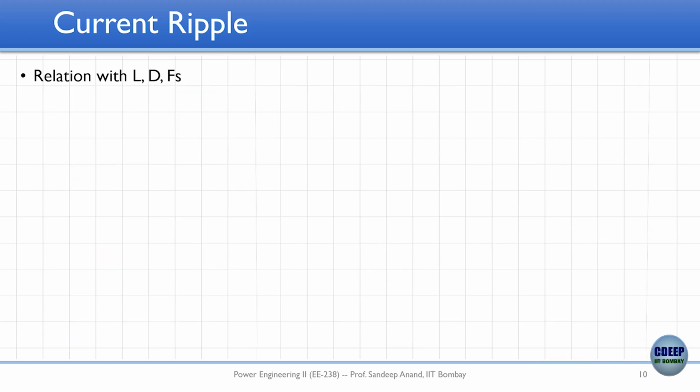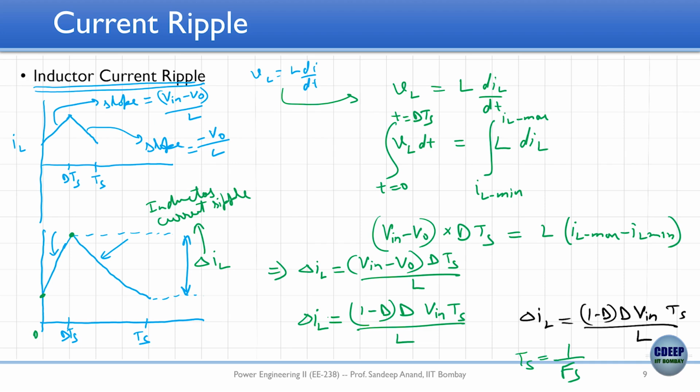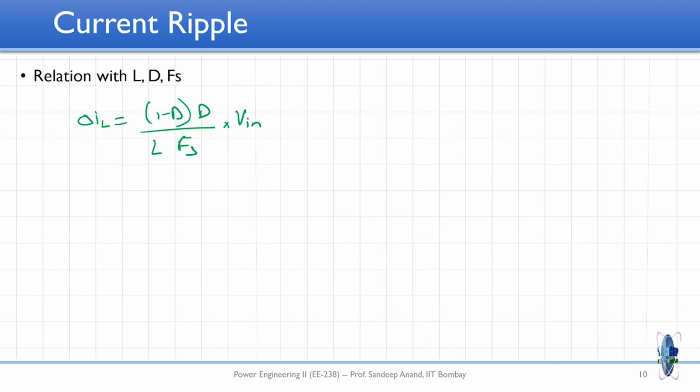So let me just rewrite the expression. Delta IL is equal to (1 minus d) times d upon L Fs into Vin. That's the right expression. So in this case, you can see that as L increases, ripple reduces.